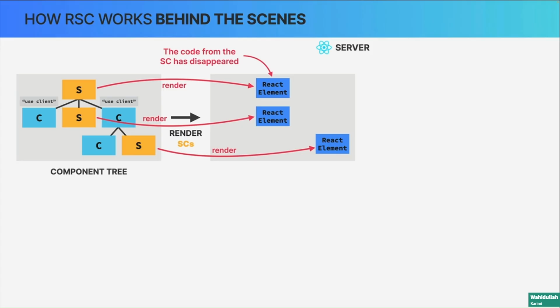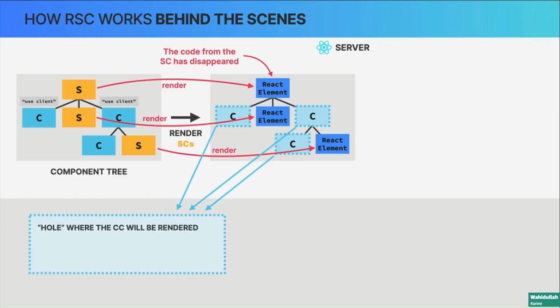But anyway, back to our topic of rendering, you might be thinking, what about the client components? Well, what happens to client components is actually extremely interesting. So, since we're still on the server, this is not where client components are gonna be rendered. Instead, we can imagine that this component tree contains a placeholder, so like a hole in the place where each client component will eventually be rendered.